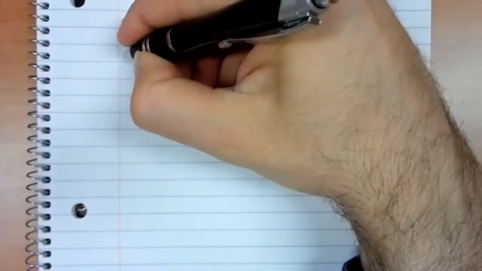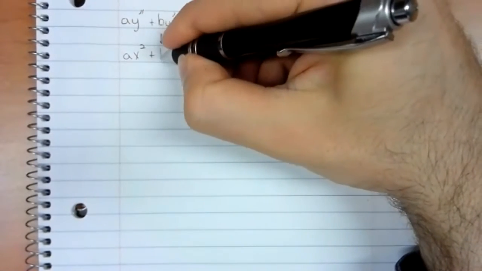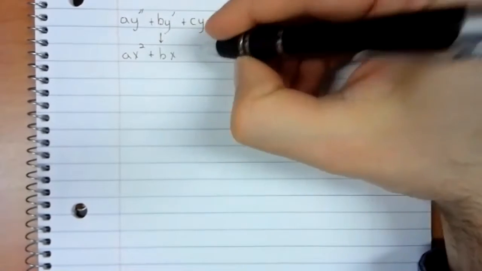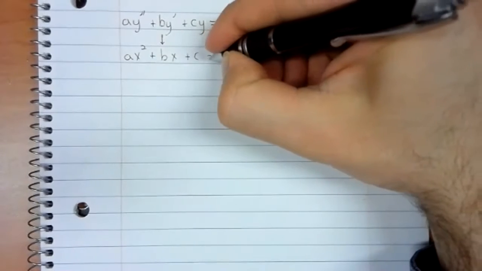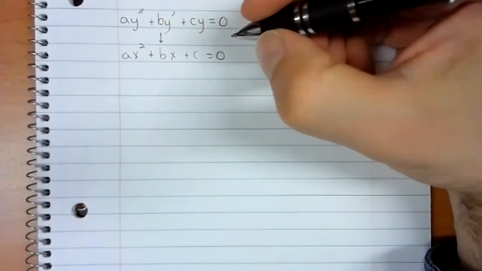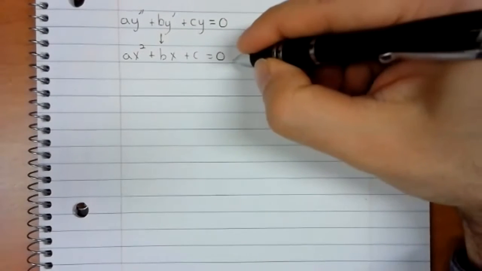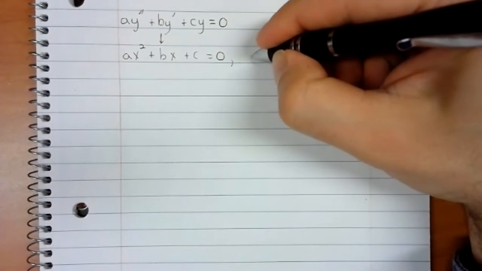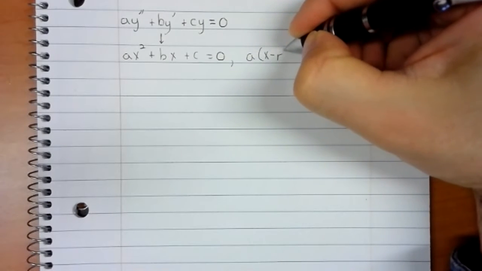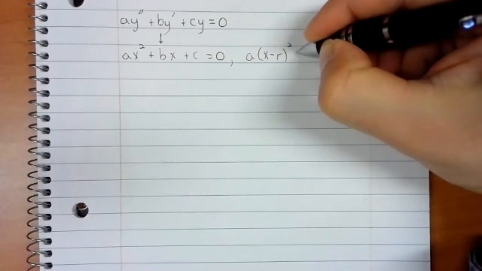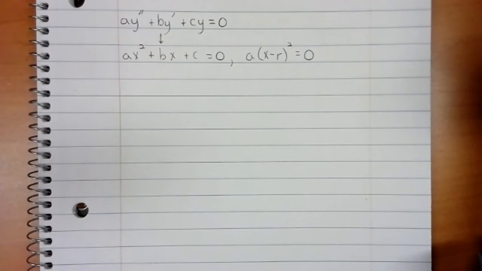Now suppose that the characteristic equation, ax² + bx + c = 0, has only one real root. That is, suppose we can write it as a(x − r)² = 0.